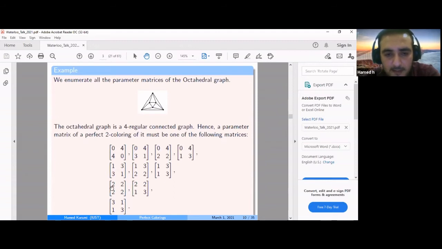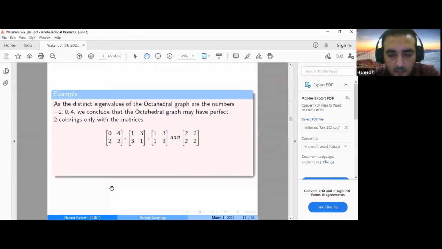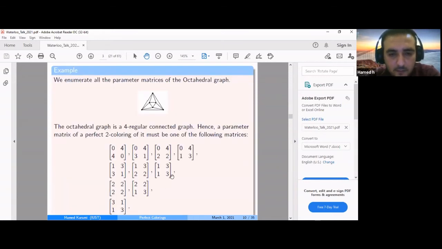We provide a list from the remarks we had before. For the matrix 0, 4, 4, 0, the eigenvalues are 4 and -4.